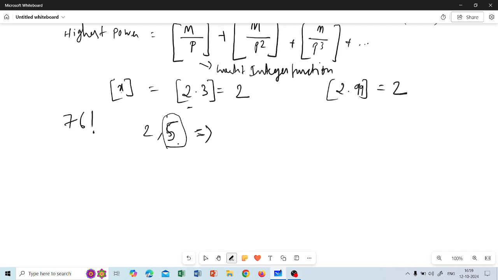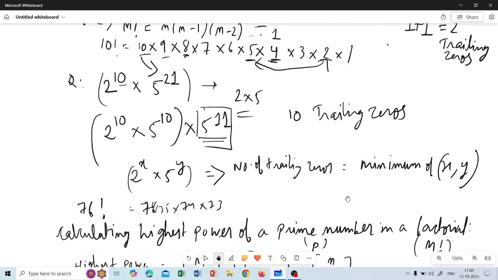Obviously, in a big number, the number of prime factors 2 may be highest compared to 5. Let me take an example again, as you saw in that 10 factorial example, let me use that old one.